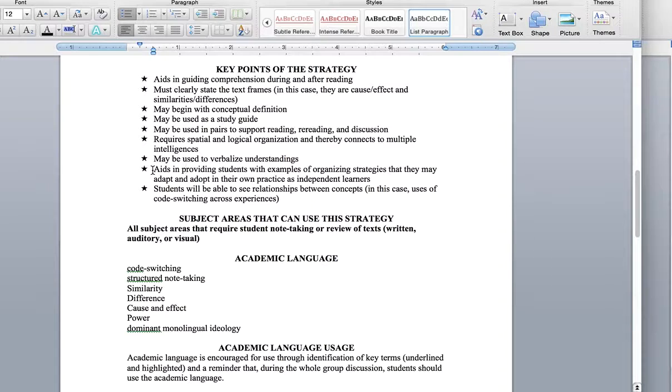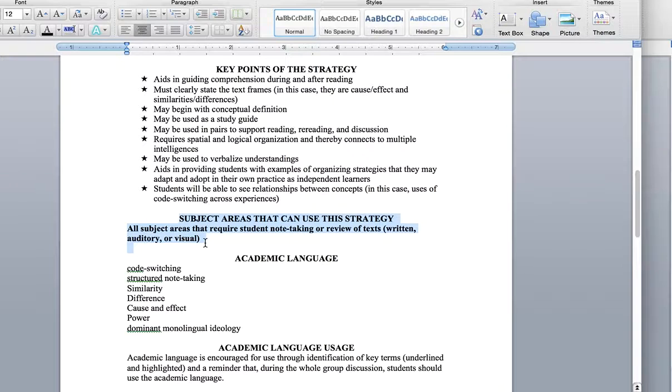So it may be something that you use with your students as a teacher, but it could also be something that you use in your work as a student. And students should be able to see relationships between concepts. In this case, you're actually looking for relationships between code switching, with code switching across experiences.